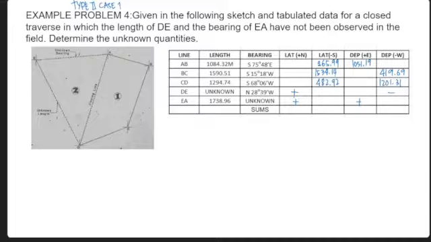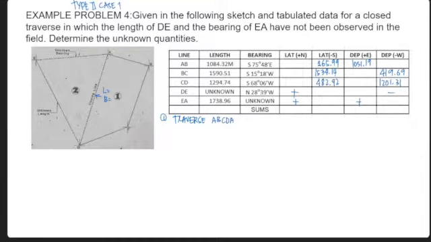So, we focus on our traverse A, B, C, D, A. Or this is our closing line. So we have to determine its length and its bearing.